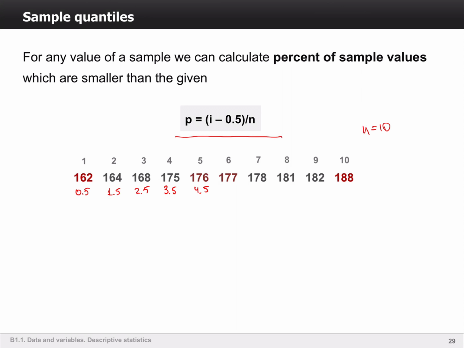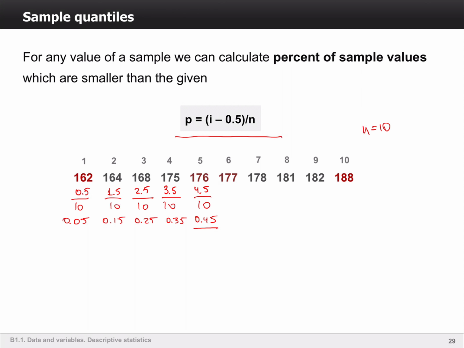Now we just divide it by 10. So we get 0.05 here, and 0.15 here, and 0.25 here, 0.35 here, and 0.45 here. So if we take the 0.45, it means that 45% of the values are below 176.